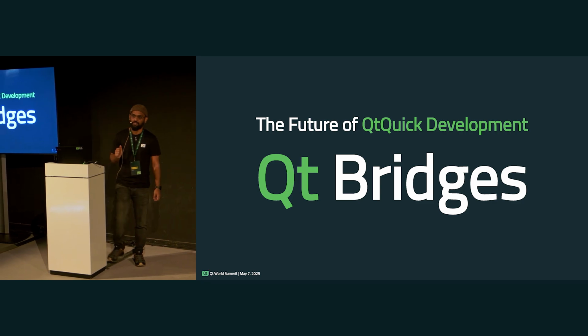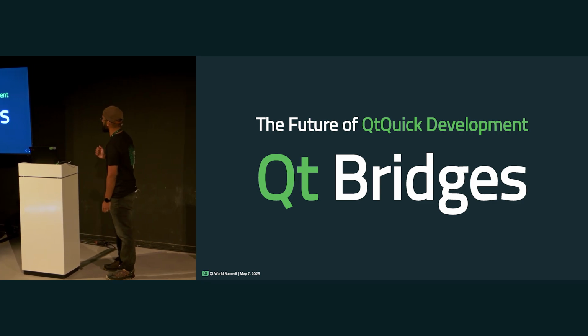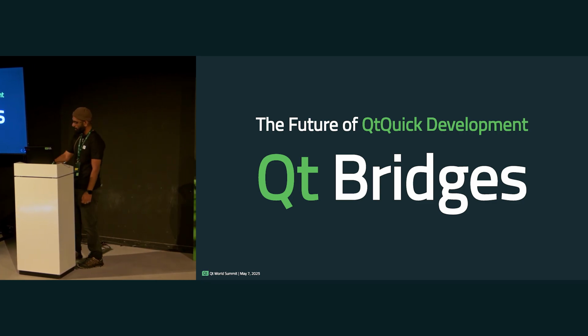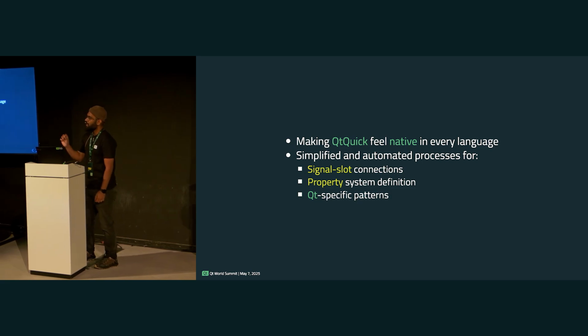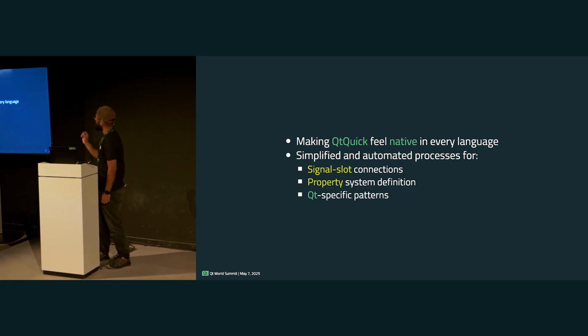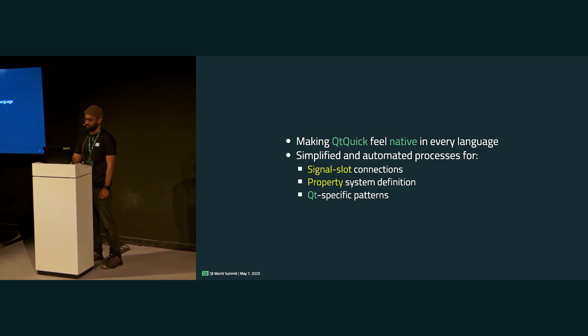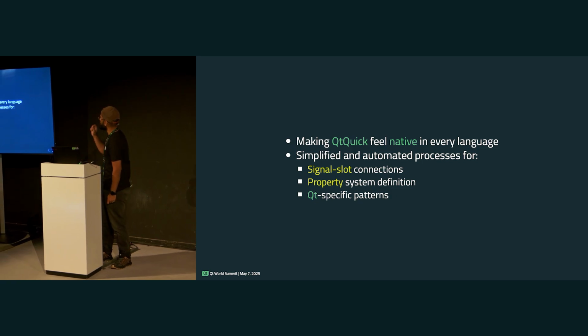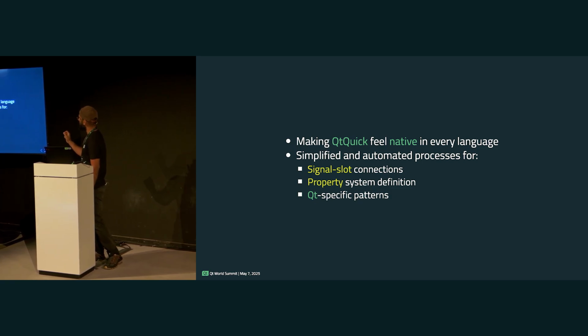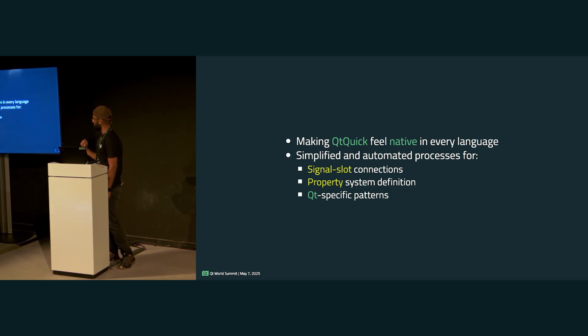With that, I would like to introduce you to Qt Bridges, the future of QtQuick development. The idea behind Qt Bridges is to make QtQuick feel native in every language, but also enable simplified and automated processes for signal slot connections, property system definitions, Qt-specific patterns.